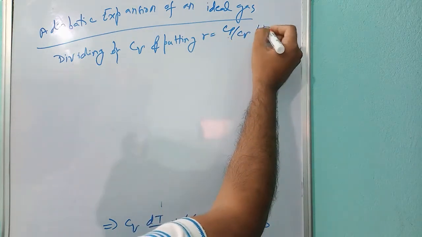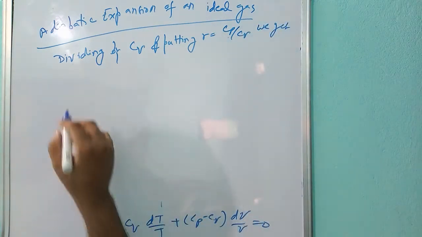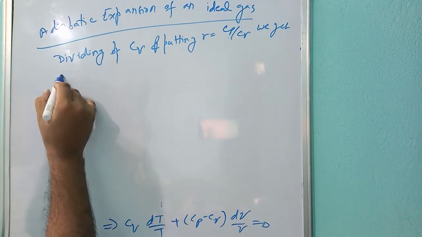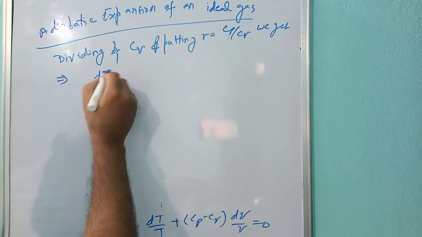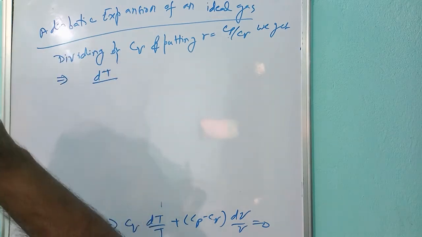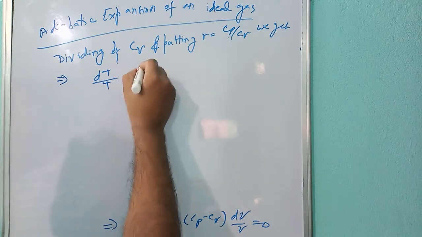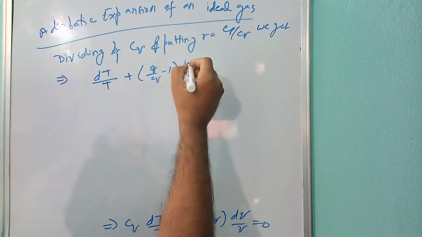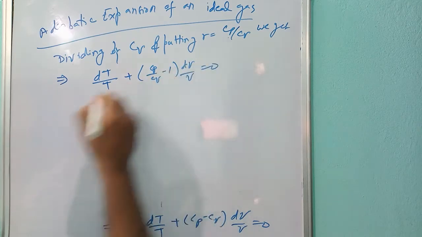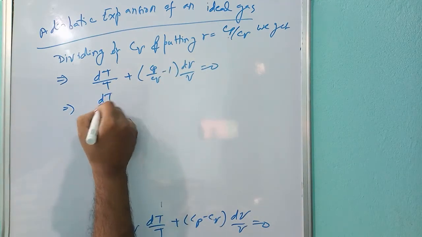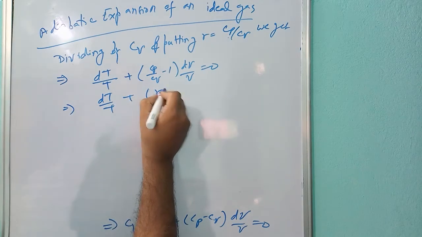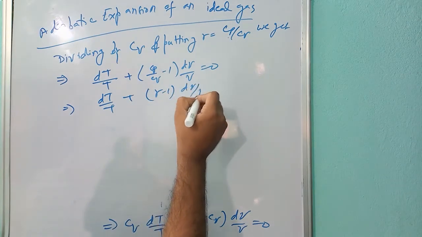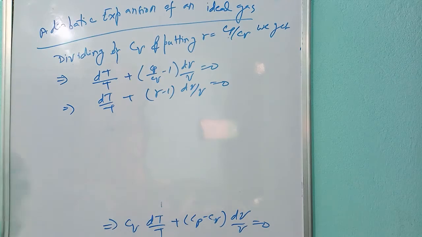Then we get dT by T plus (Cp by Cv minus 1) into dV by V is equal to 0. This means that dT by T plus (gamma minus 1) dV by V is equal to 0.